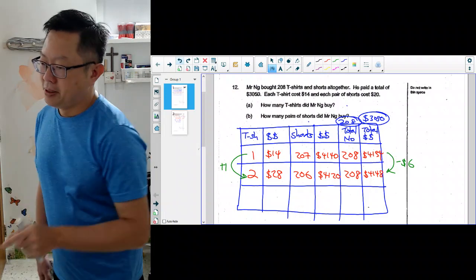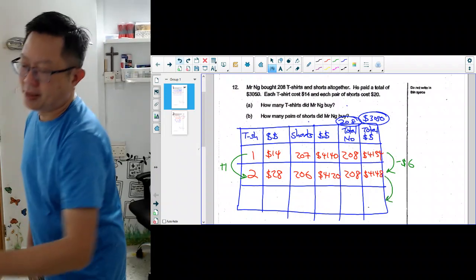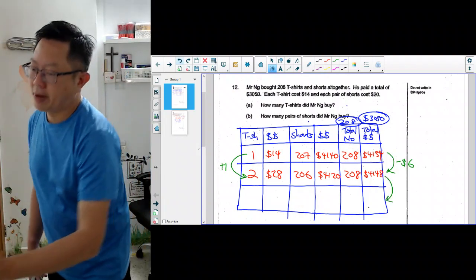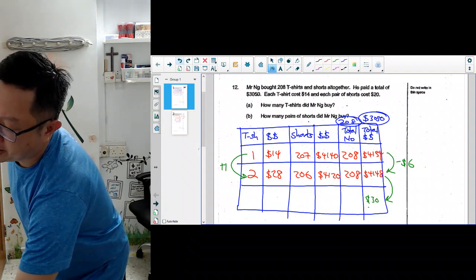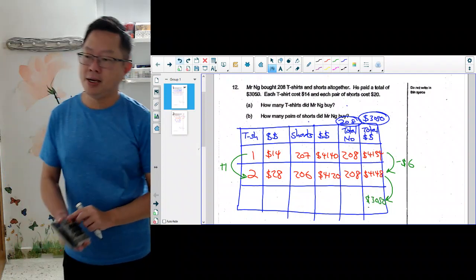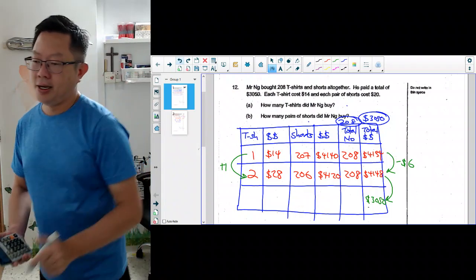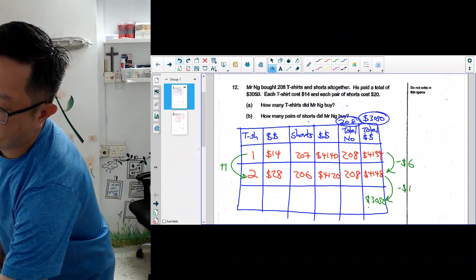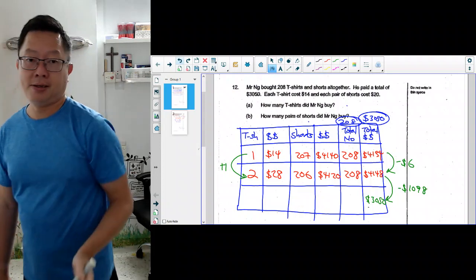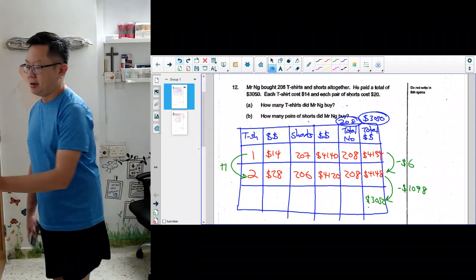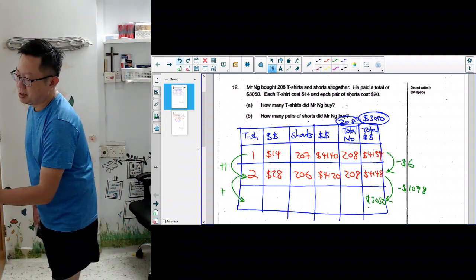Okay, so what do we do? So the last row must get the answer. So you jump to the correct total, which is 3,050. So how much lesser is that? You take 4148 minus 3,050, and that will be $1,098 lesser. So if that is $1,098 lesser, then how many more t-shirts must you increase?